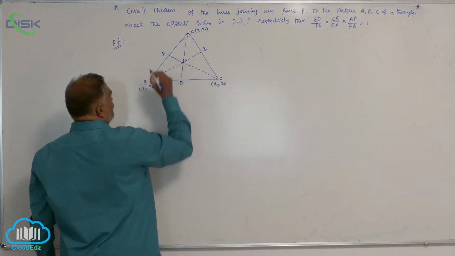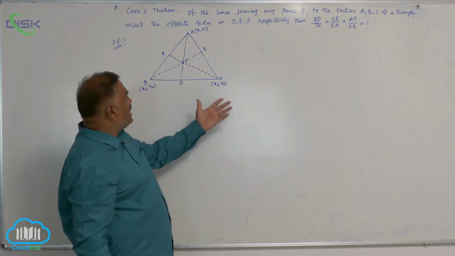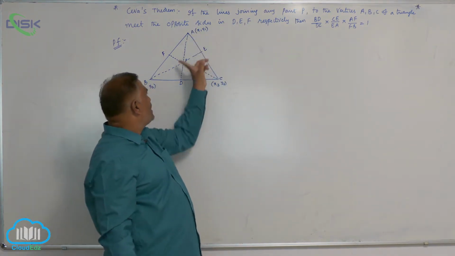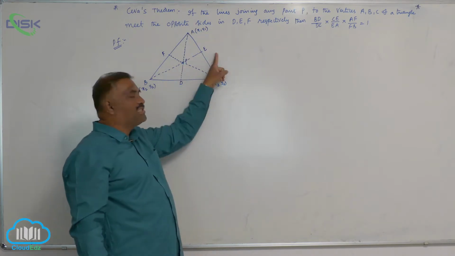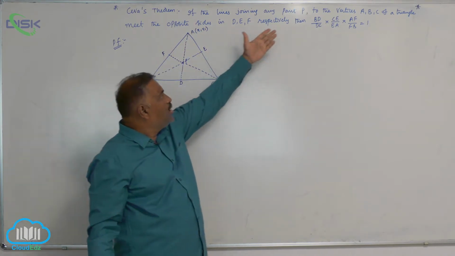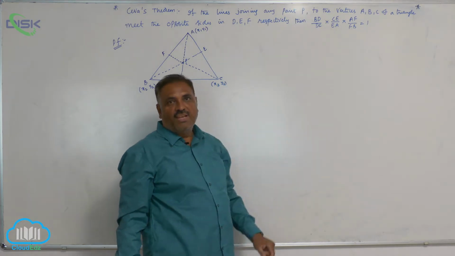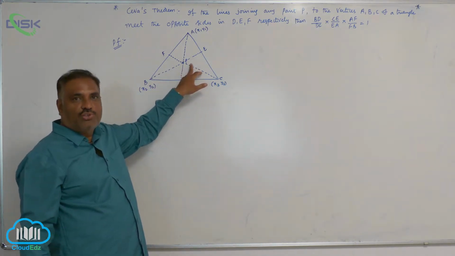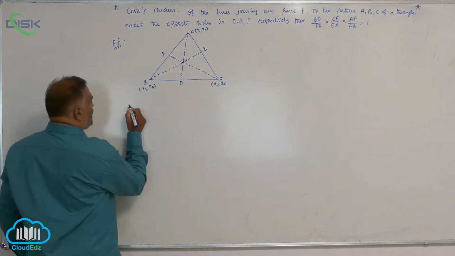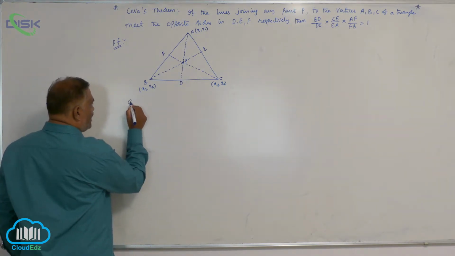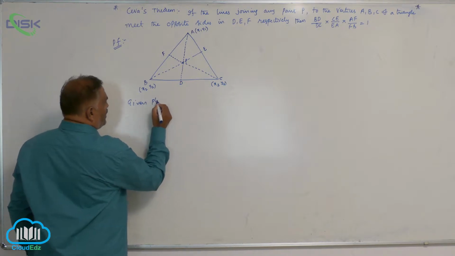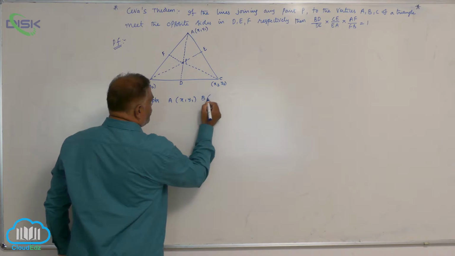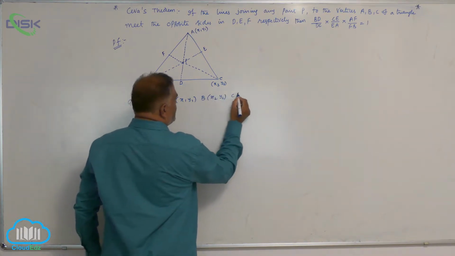Now this is F. Let us read the statement. Lines joining any point P to the vertices meet the opposite sides in D, E, F, then we need to prove this result. Now obviously you can take P as (0, 0). You observe here the given points are A (x1, y1), B (x2, y2), C (x3, y3).